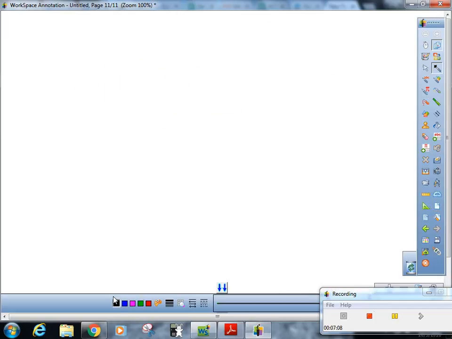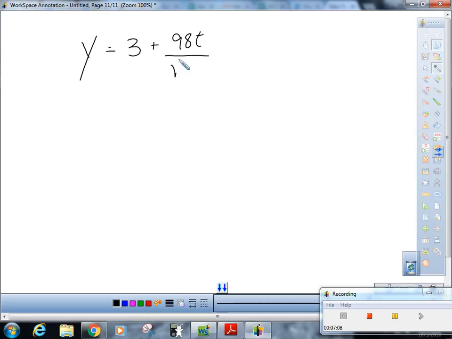So we essentially have y equals 3 plus 98t. The 98 came from our V0 over radical 2, minus 16t squared. So y prime is, okay, that's gone, 98 over radical 2 minus 32t.